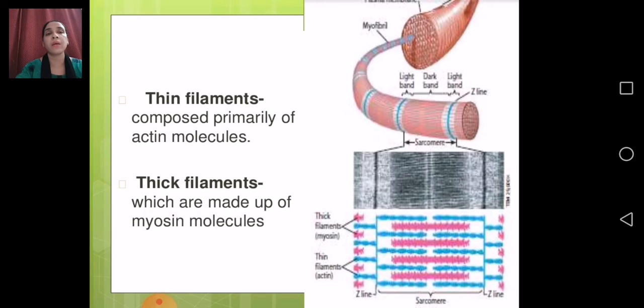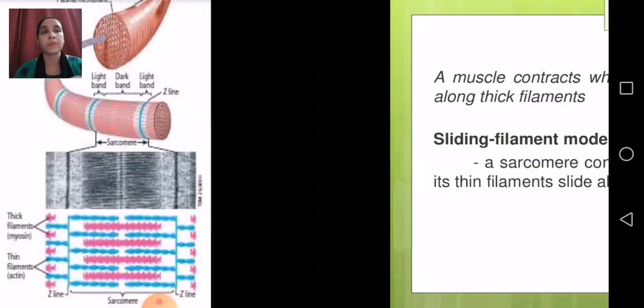All these molecules are very important. So thin filaments as well as thick filaments are both important in your muscles.